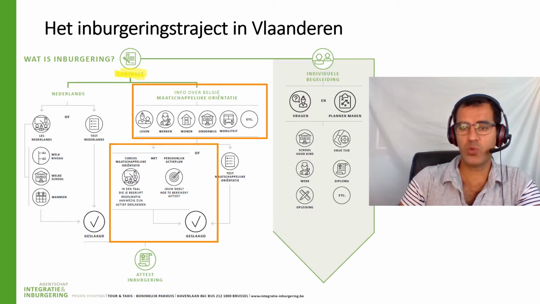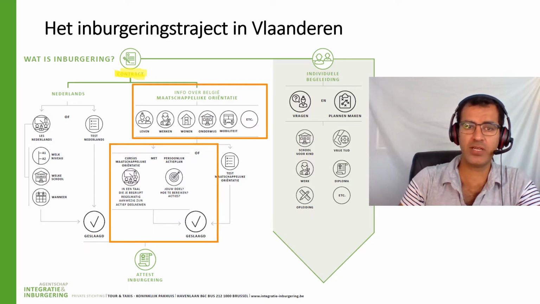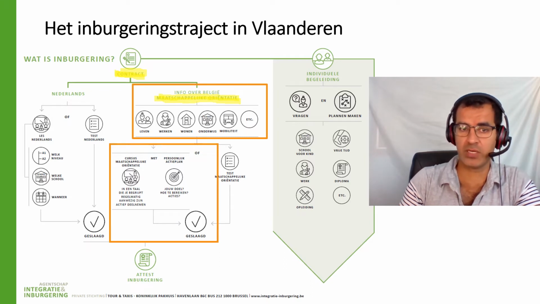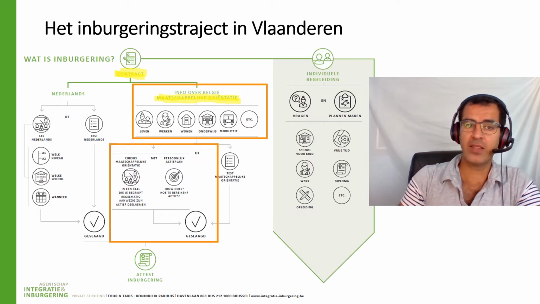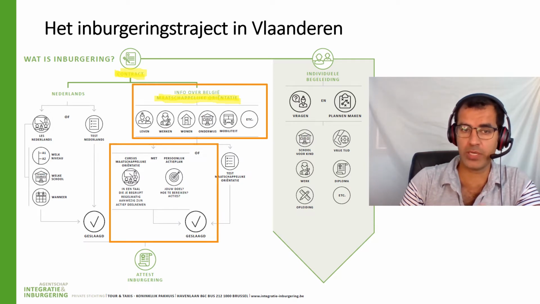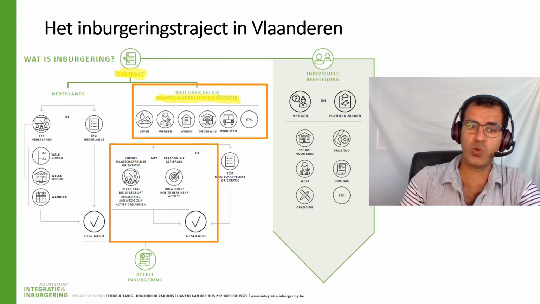However, by the contract that you signed with us, you mainly have to do two important things. The first important part is the information about Belgium, which is the social orientation course itself, maatschappelijke oriëntatie. We are going to discuss several topics, and there are things you need to do, an action plan or a goal that you need to reach, and then you get your certificate.